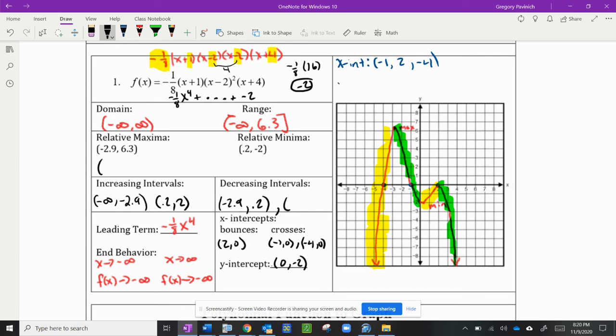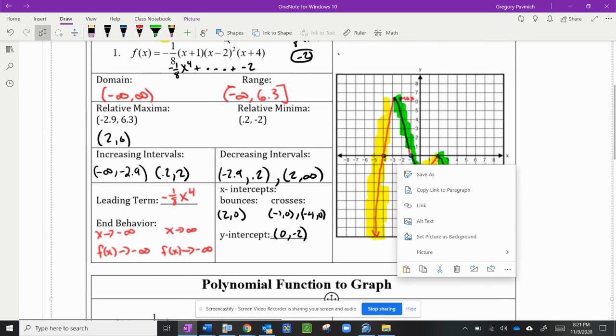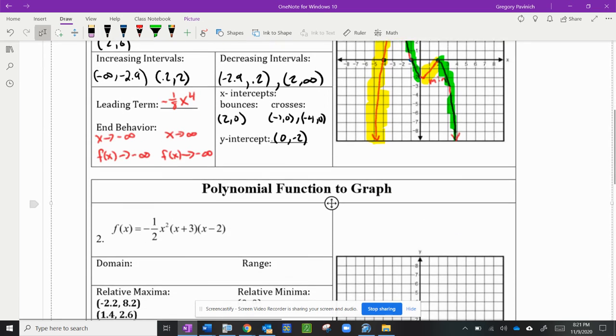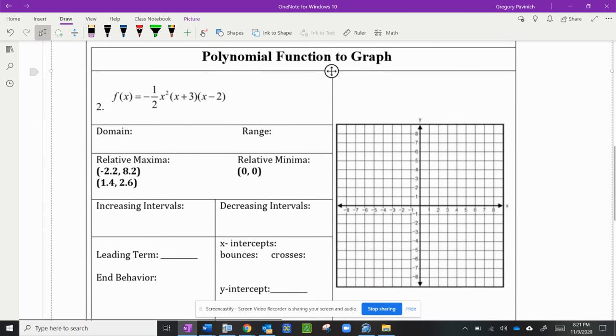I don't know why I wrote that as 0. And then I'm going to go to infinity. And I'm done. These should be a little bit easier, especially if you did your homework last night and your INB from yesterday. It's just the reverse.